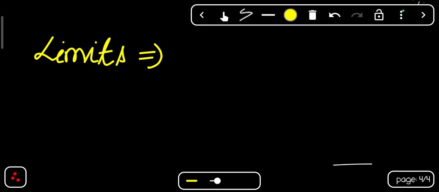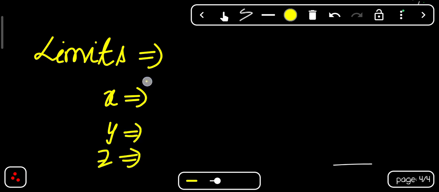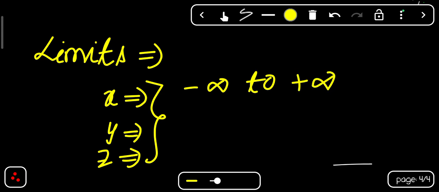There will be three limits: x, y and z. In these three cases, each will contain the limits from minus infinity to plus infinity. And it's very easy to remember.